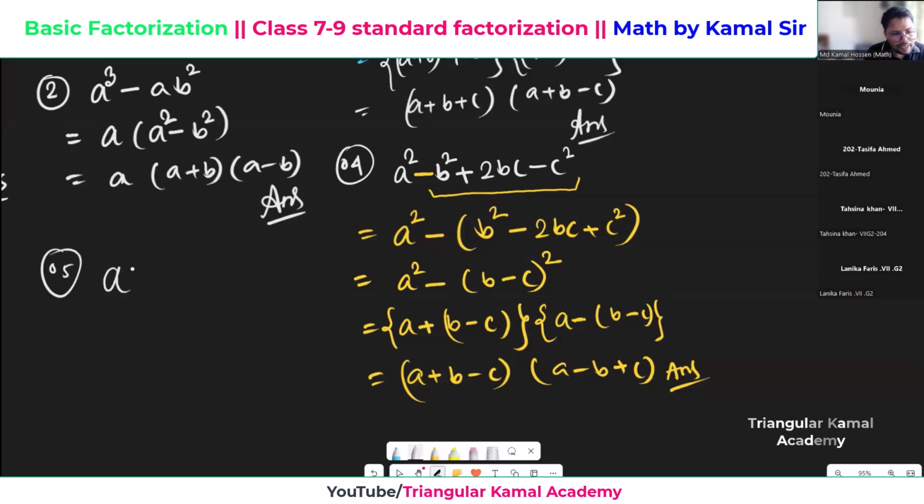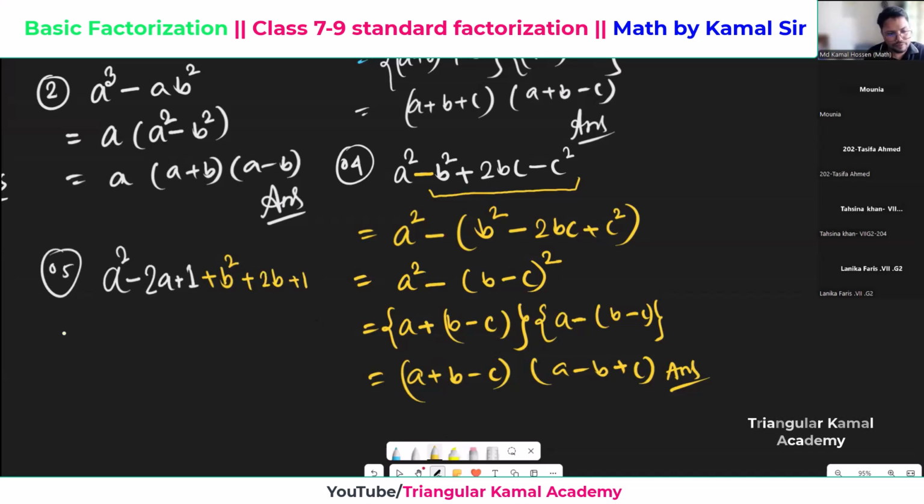Now a square minus twice a plus 1 plus b square plus twice b plus 1. How can we start this math? Anyone?